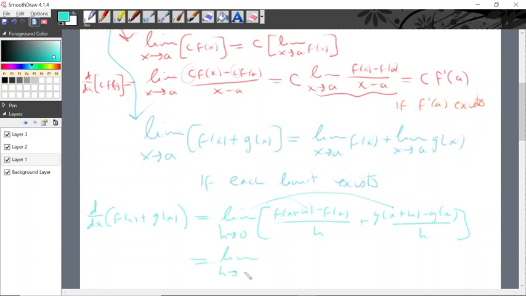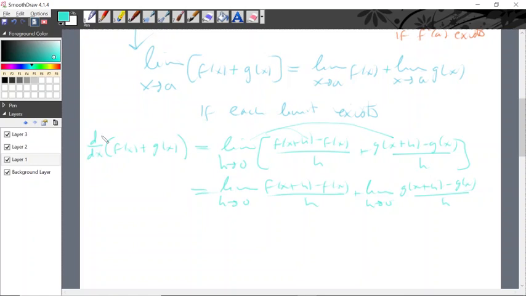So the limit as h goes to 0 of f of x plus h minus f of x over h, plus the limit as h goes to 0 of g of x plus h minus g of x over h. So in other words, we have that the differential operator, that is the d over dx, gets distributed in a linear fashion.